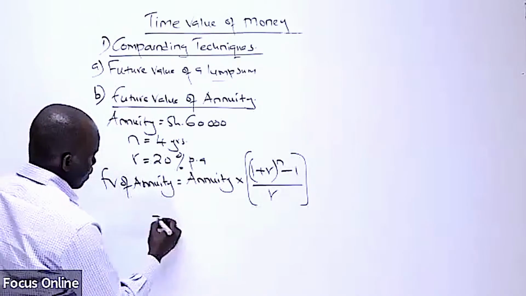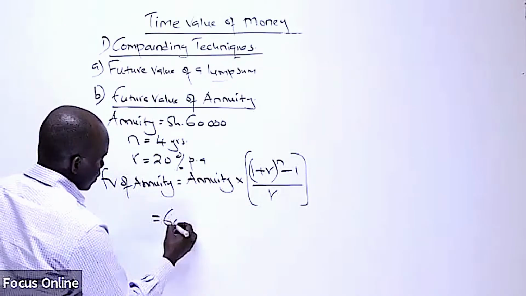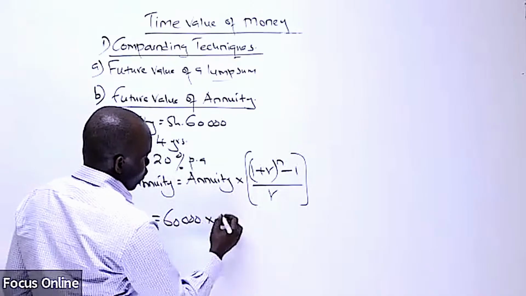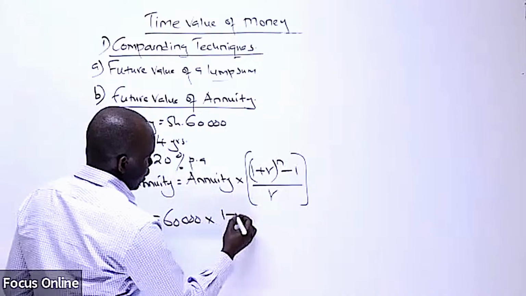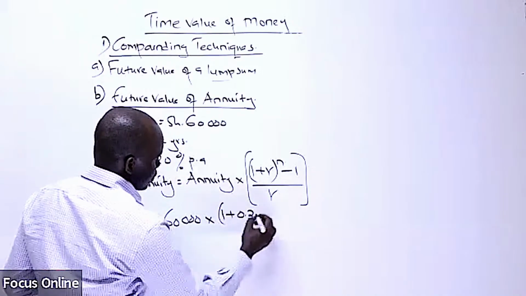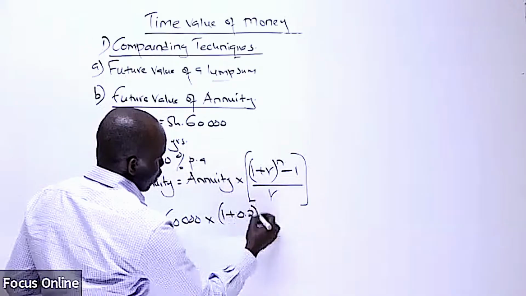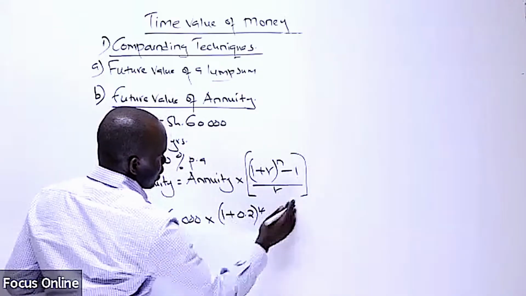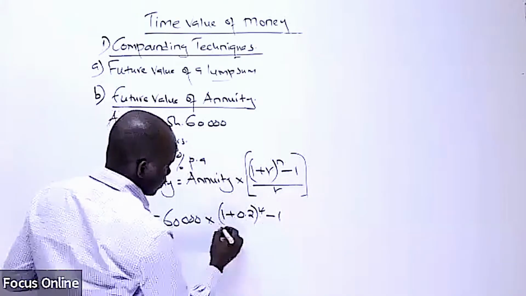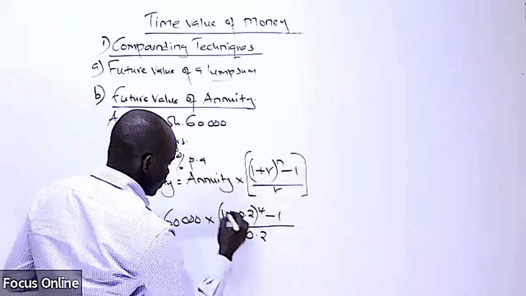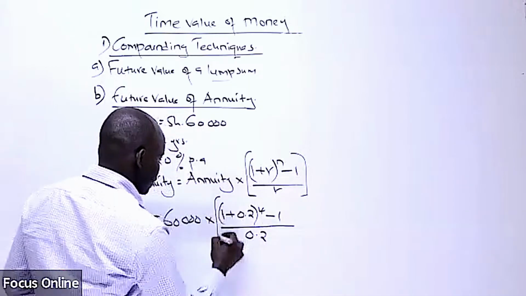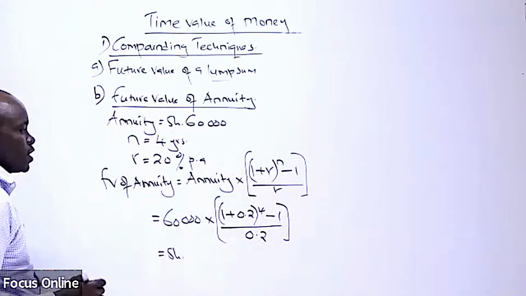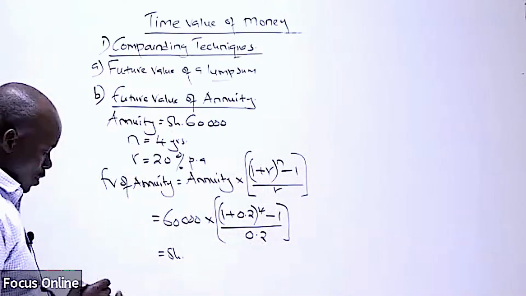So here you say 60,000 times (1 plus 0.2) power 4 minus 1, over 0.2. So you get the value of the investment after 4 years. Then I will show you another way of doing it.